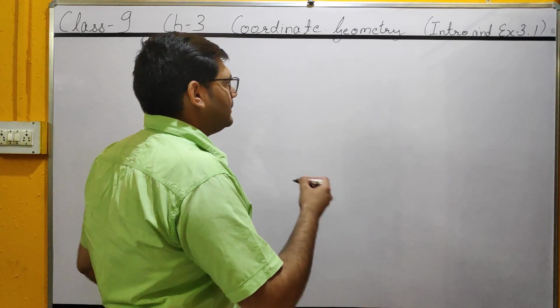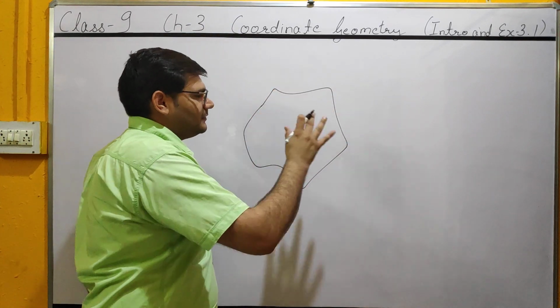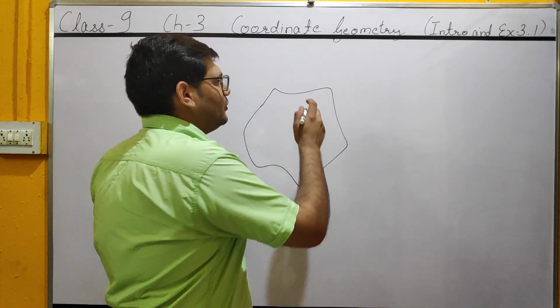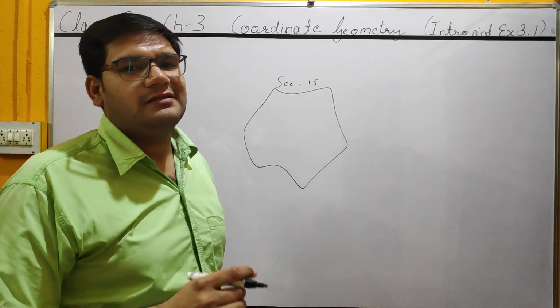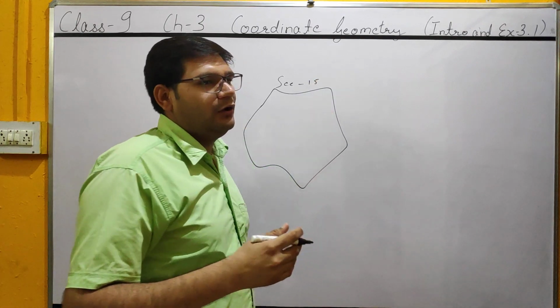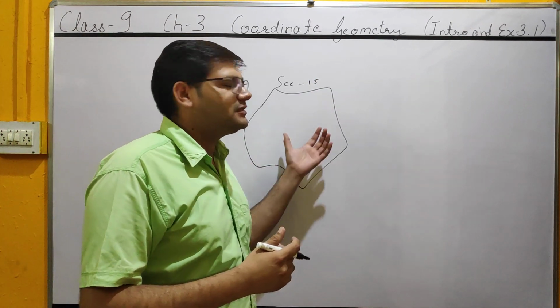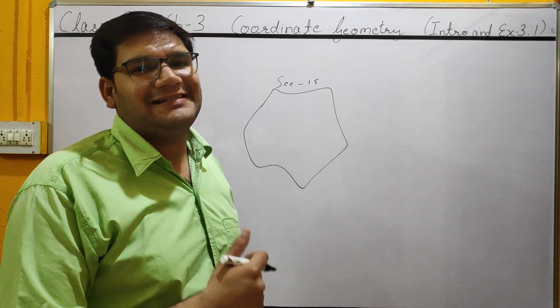Alright, so suppose this is some type of map of sector 15. So he said that he lives in sector 15. But we don't know the exact location. We only know his approximate location. So then I asked him, where in sector 15?